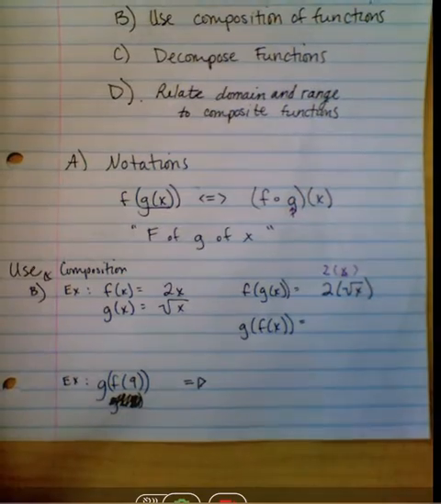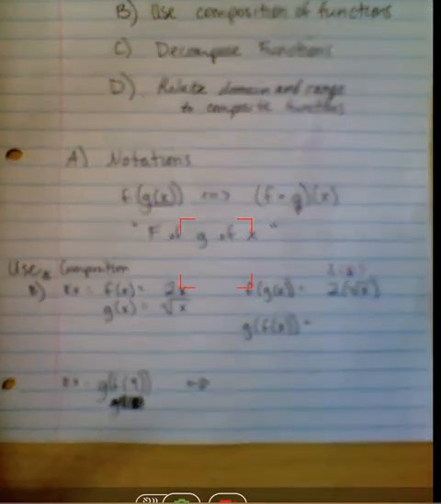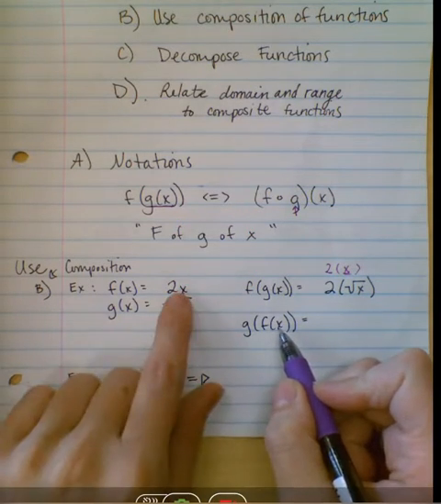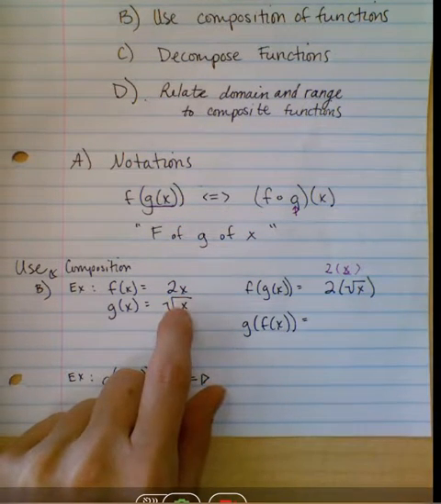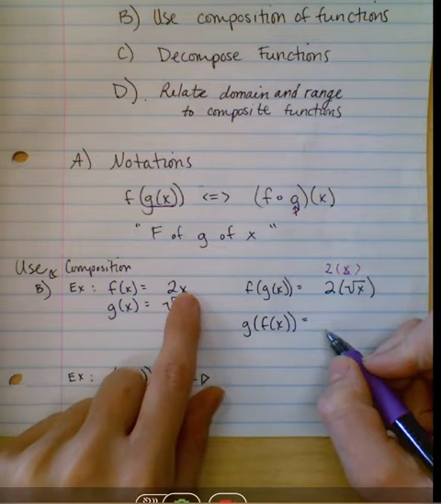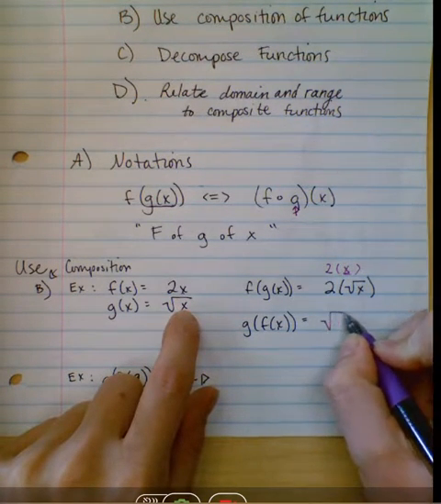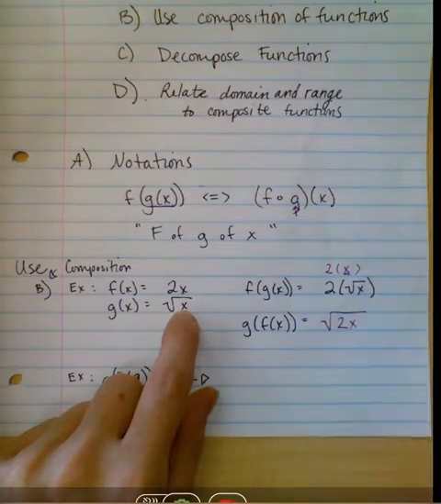So if we're going to do g of f of x, in this case, f of x becomes our first input, and so I'm going to have 2x plugged in every time I see an x here, so this becomes root 2x.